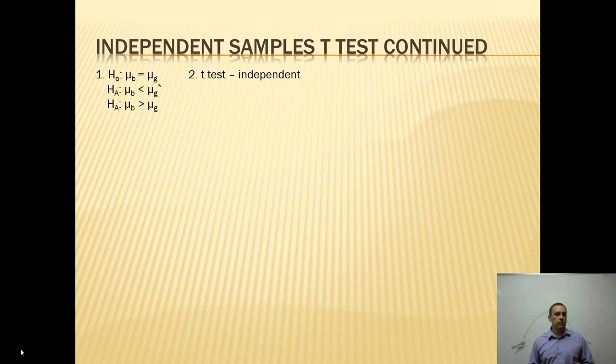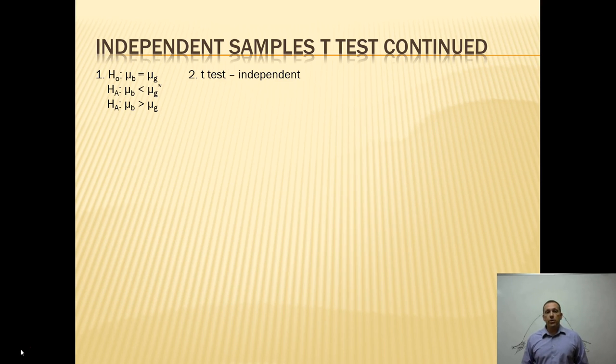No effect, no difference between the two. That's the null. The other option is our hypothesis that boys are going to have a lower self-esteem score than girls. The little asterisk there is because that's the one we're predicting. Then we also have the other end, where maybe boys have an actually higher self-esteem than girls. So there are our 3 hypotheses.